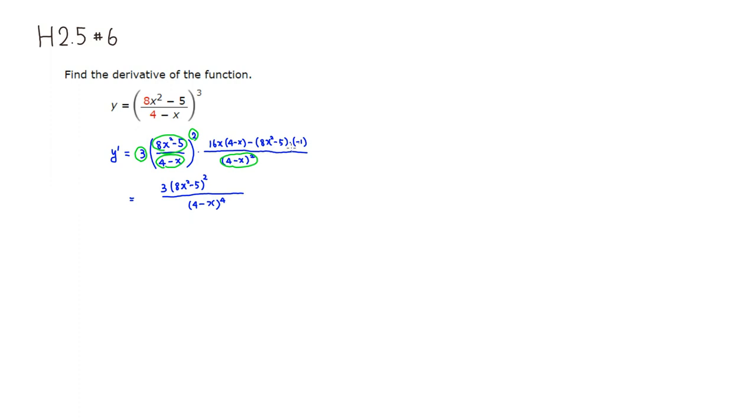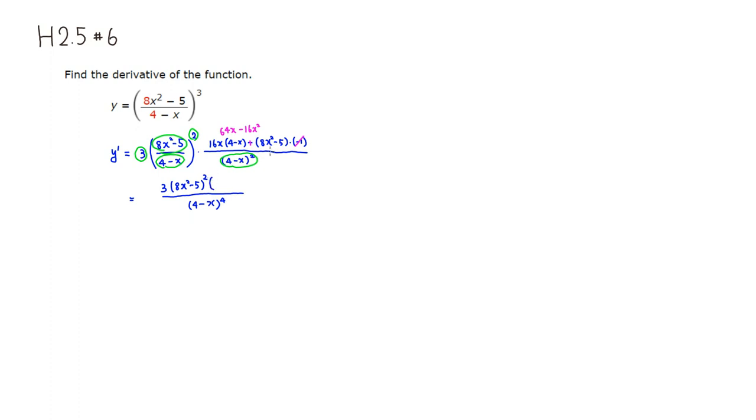So we just need to clean this up a little bit. There's a negative sign here, so I'm going to turn it into a positive. Then I'm going to go ahead and multiply this out. So this is going to be 4 times 16 is 64x, and the 16x times negative x will be negative 16x squared. Then we are adding 8x squared minus 5, so let's write that down.